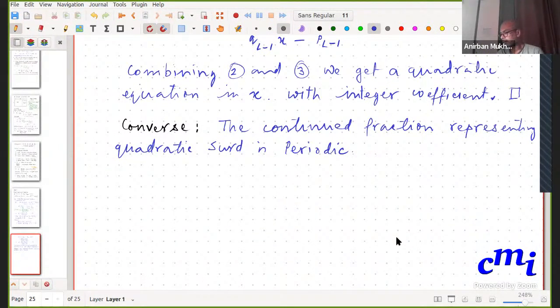Okay, so I'm going to skip this proof. That's also a theorem, but I'm going to skip the proof at the moment.